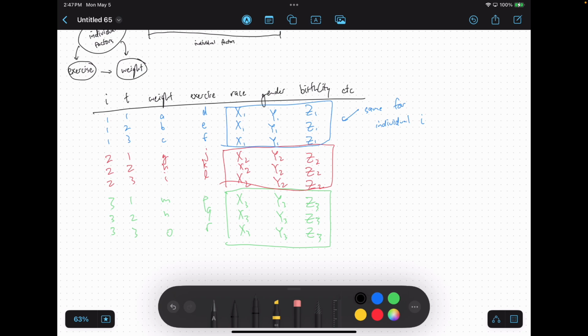So in this particular case, our fixed effects capture all of this plus all unobserved terms that don't vary over time.